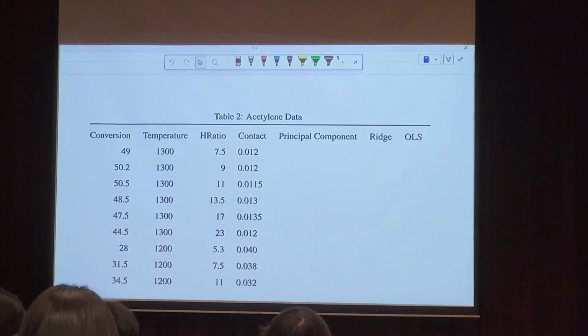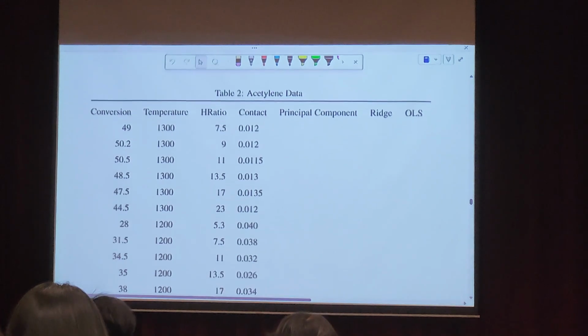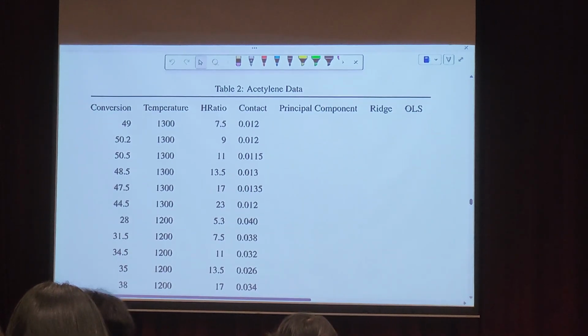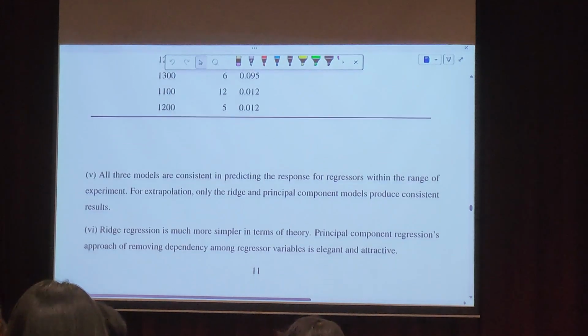Remember, when we looked at ridge regression, we thought the extrapolated values were quite good, but we don't know whether it is good or not, right? So you need to do some experiments at those points to confirm it, or you can look at a completely different method and see if you can get similar answers. If you get a similar answer to ridge regression, then maybe ridge is also doing very well.